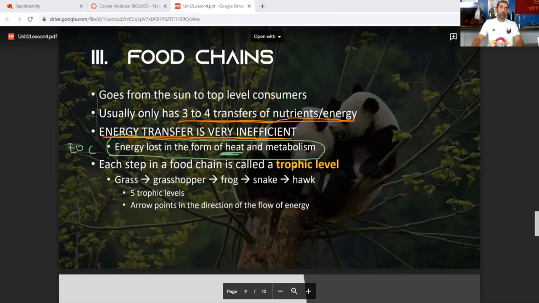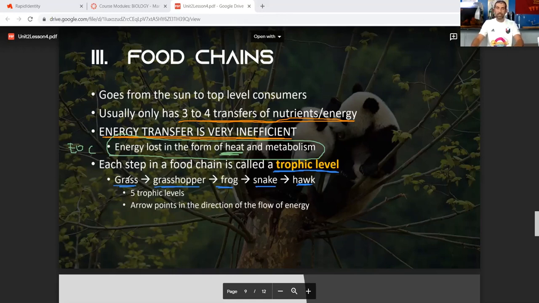Now, each step in a food chain is called a trophic level. In other words, you have 1 organism, 2 organisms, 3 organisms, 4 organisms, and 5. So in this food chain, grass energy is transferred to the grasshopper. The grasshopper's energy is transferred to the frog, et cetera.